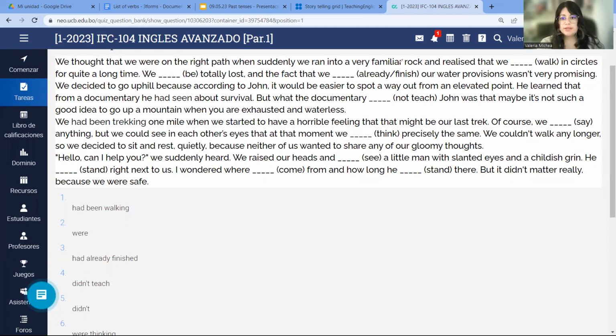Yeah, we were here. We had already finished our provisions, water provisions, so the situation wasn't very promising. What happened then? We decided, past simple, to go uphill because according to John, it would be easier to spot a way out from an elevated point.